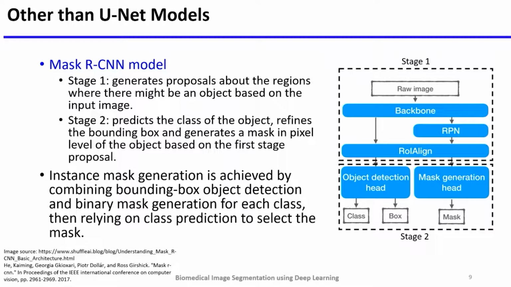After we get individual ROI feature maps, we can predict its object category and a finer instance bounding box. And finally, on the mask generation branch, we feed ROI feature maps to the decoding layer and a convolution layer successively, as we have done in U-Net, to generate the final mask. More details about this model can be found in the paper by Kaiming He as shown in the below reference.